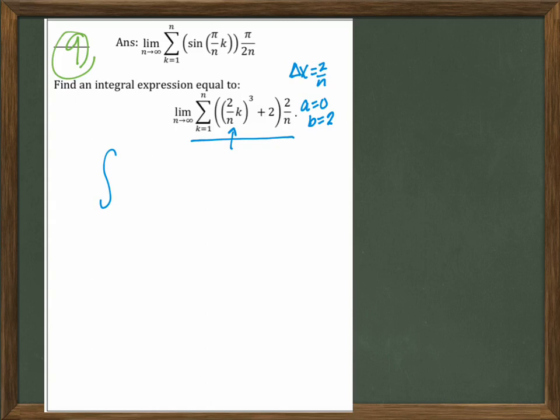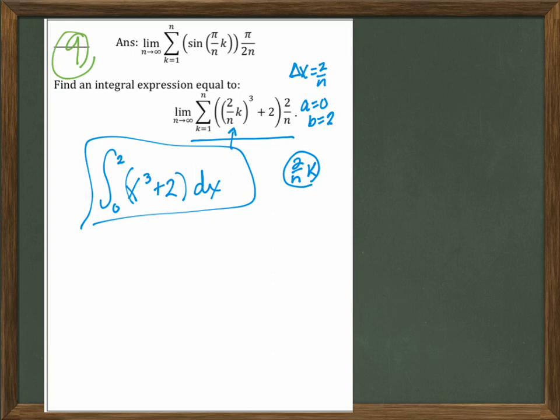So we know our integral is from 0 to 2. And 2 over n k would be our x term. And so it looks like we have x cubed plus 2 dx. Okay, that was number 9.